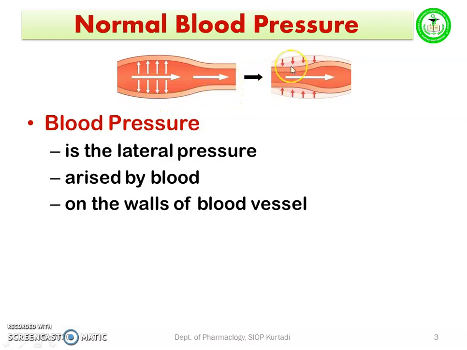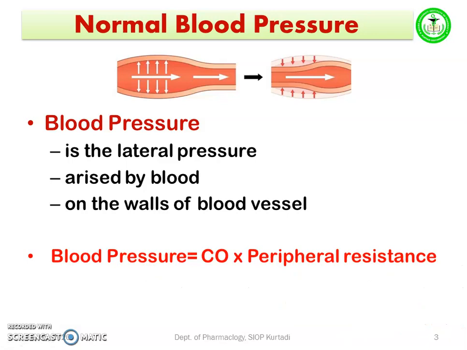Meanwhile, as the walls of blood vessels are elastic in nature, and due to the surrounding tissue, that creates again a back pressure on the circulating blood, that is known as peripheral resistance. So thus we can define blood pressure as the lateral pressure exerted by blood on the walls of blood vessel during circulation.